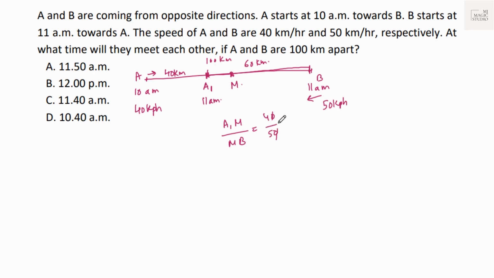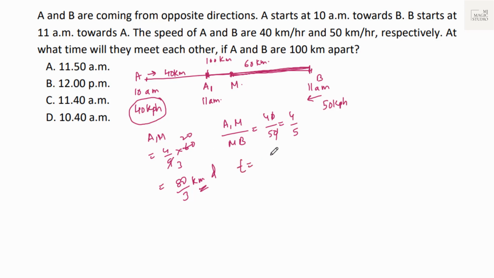That will be 40 by 50, 4:5. Now we know that this is 60. Divide 60 in the ratio of 4:5. We need this distance or any one of the distances. So A1M would be 4 by 9 into 60, that is 240 by 9, which is 80 by 3. Now this is 80 by 3 kilometers, which needs to be covered at the speed of 40 kph. So we have distance and speed, time is distance by speed.